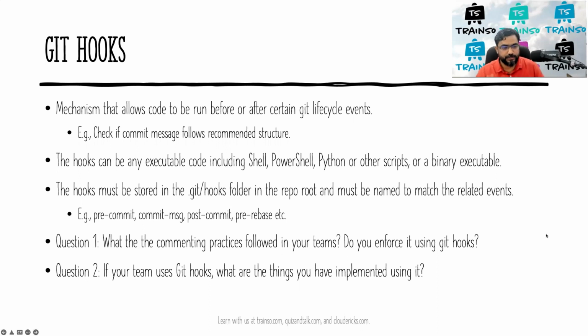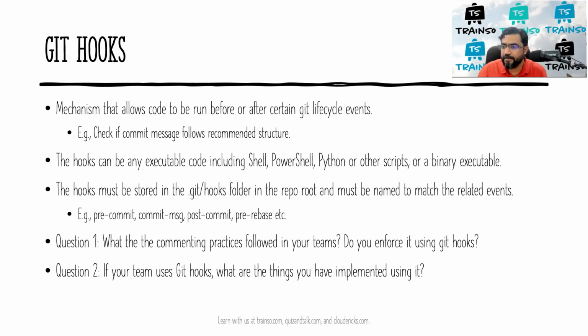So two questions you can explore. What are the commenting practices followed in your teams? Do you have any such restrictions imposed? Do you enforce them using Git hooks? And if you can share it with the group, it will be extremely valuable for others. Because I always tell the group, even yesterday there was a discussion around it. People say you learn from your mistakes and experiences.